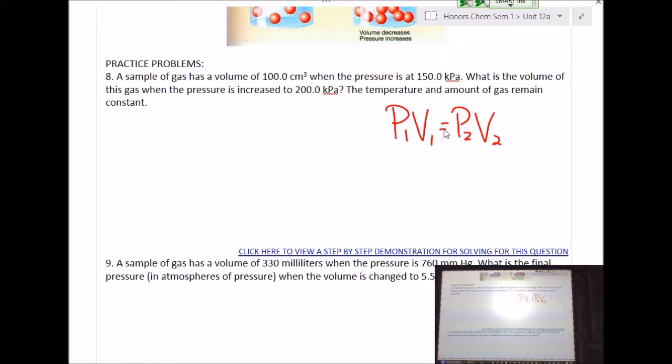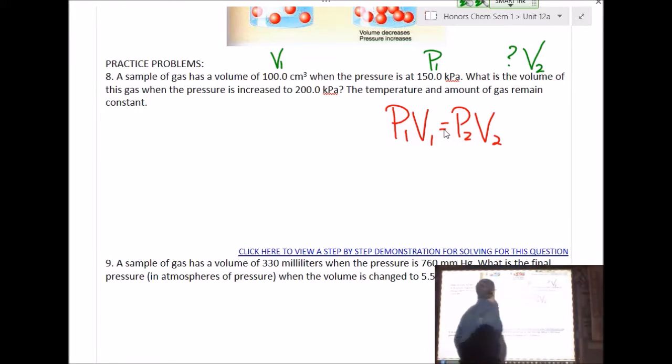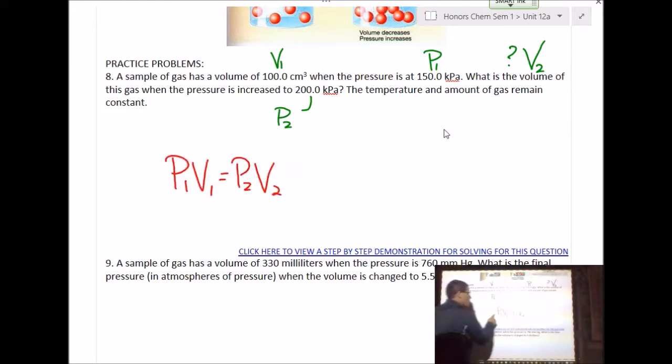All right, so let's go through this first sample question. It says a sample gas has a volume, V1, when the pressure is P1. What is the volume, V2, of the gas when the pressure is P2, and the temperature and amount of gas remain constant? So which variable are we looking for here?